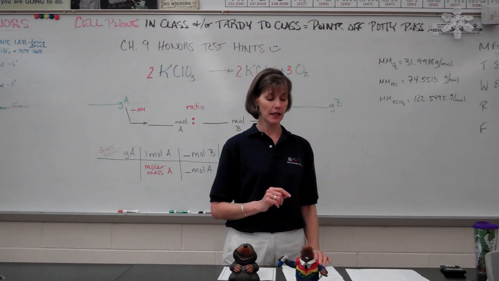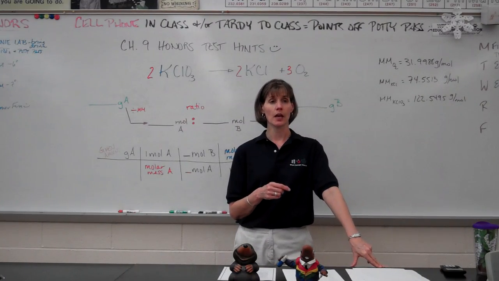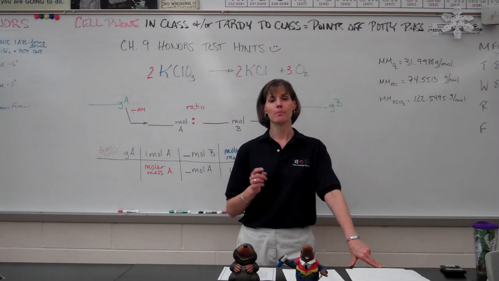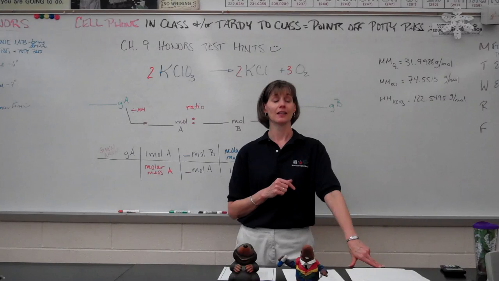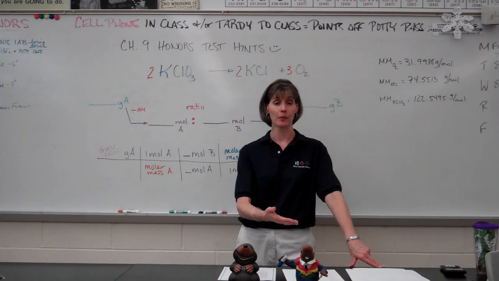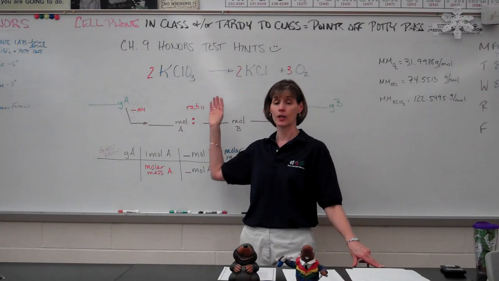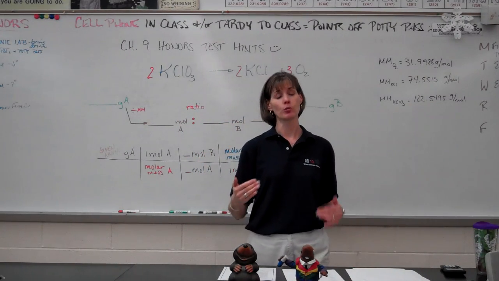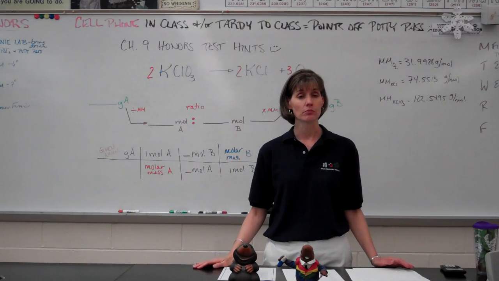So when you're given data in a particular problem, you're going to have to see how many moles of each substance are given and match that back to the balanced equation. And nine times out of ten in this kind of problem, because I'm testing you on limiting reactants, it won't be in the same ratio as the balanced equation. You'll have to identify which one you don't have enough of, and that's strictly based on the mole ratio.